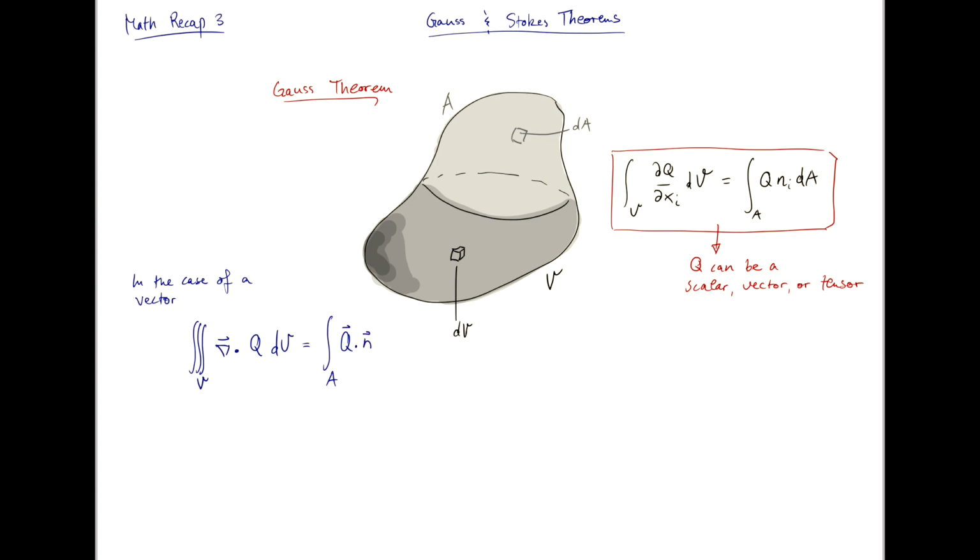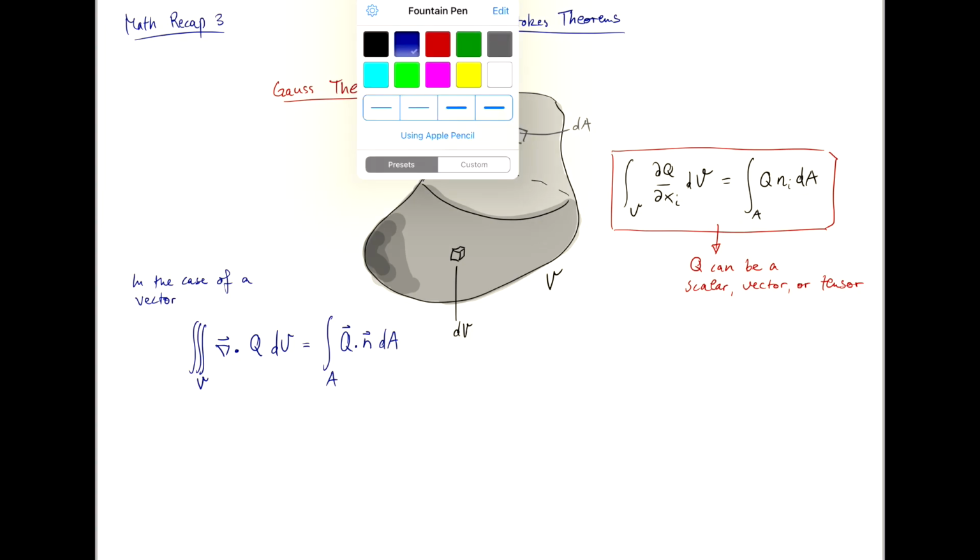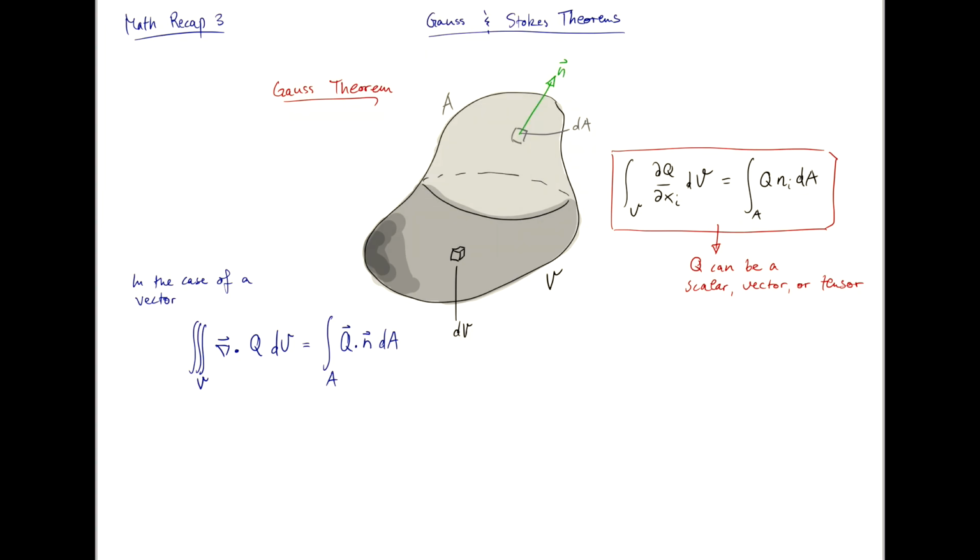So the outflux is given by Q dot N dA, where N dA is the normal vector associated with the small element dA. And so this version of Gauss' theorem is known as the divergence theorem.